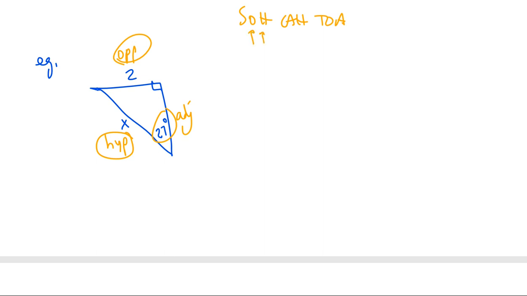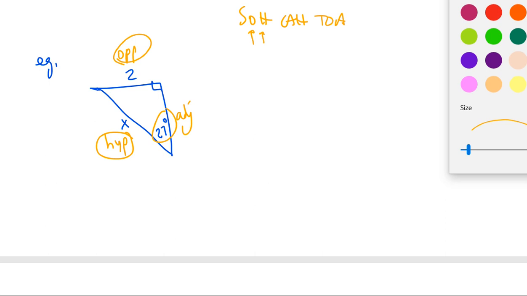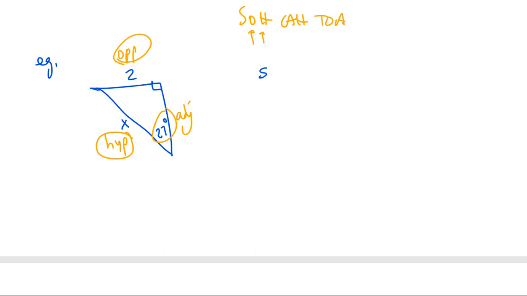So that's this one, which means I'm going to be using sine. So sine 27 degrees is opposite over hypotenuse. I get that from SOHCAHTOA, opposite over hypotenuse. So sine 27 degrees equals 2 over x.